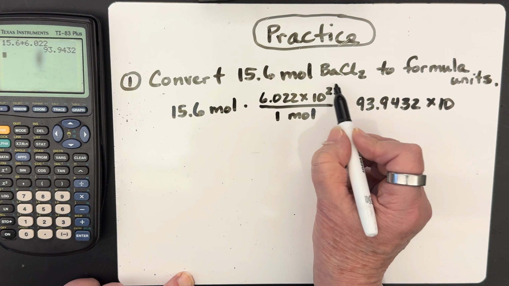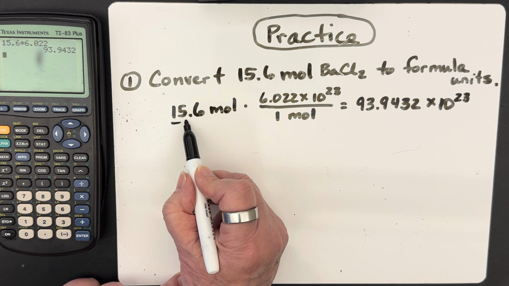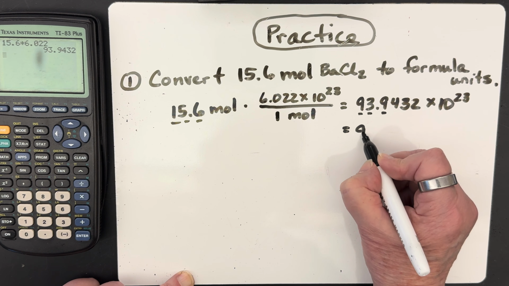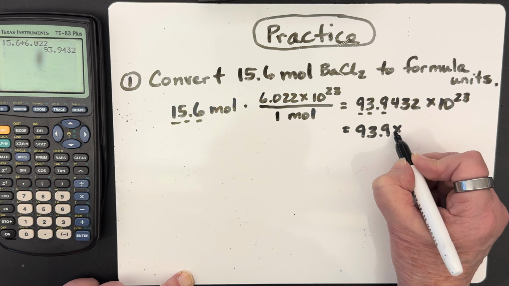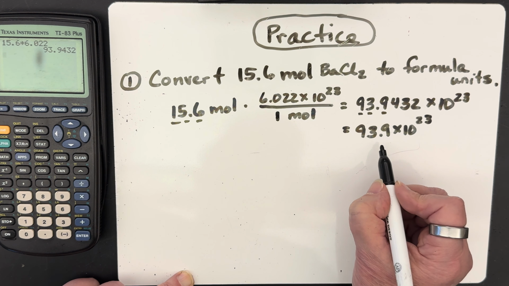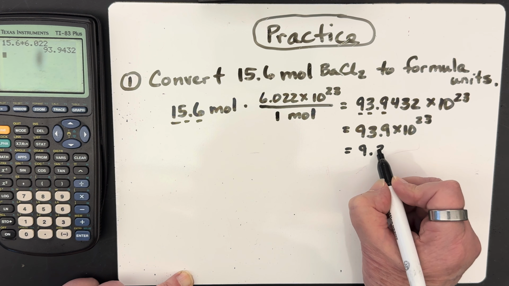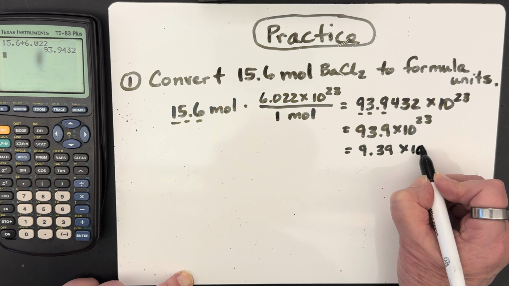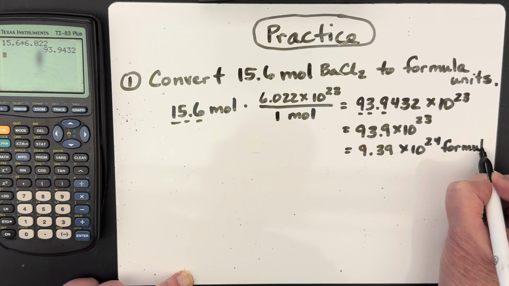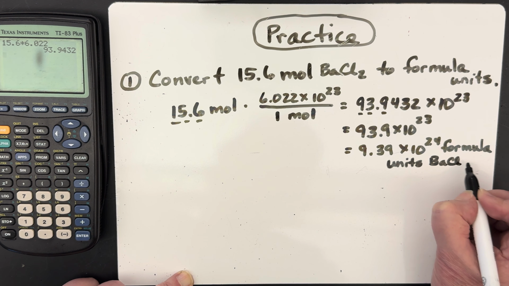Don't forget our times 10 to the 23rd. And then we need to see how many to keep. 1, 2, 3, 1, 2, 3. So our answer is going to be 93.9 times 10 to the 23rd. But notice our decimal isn't in the right place, so we need to move that over to 9.39 times 10 to the 24th formula units of BaCl2.